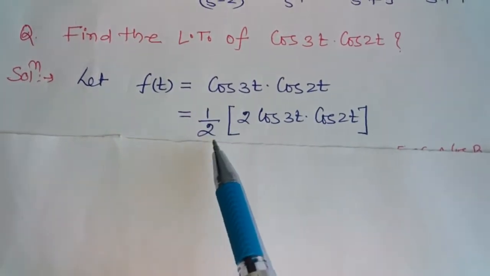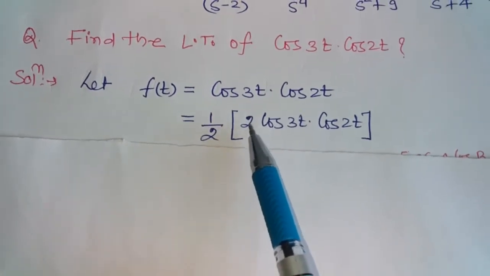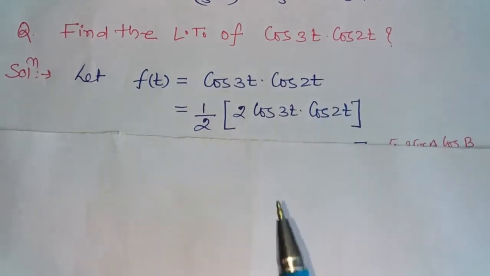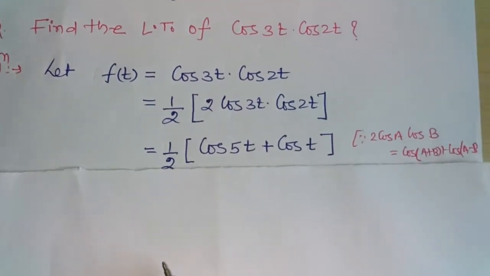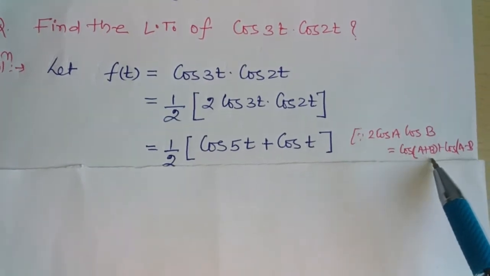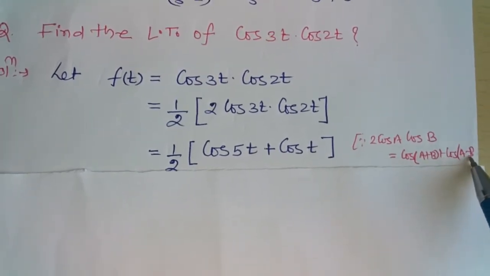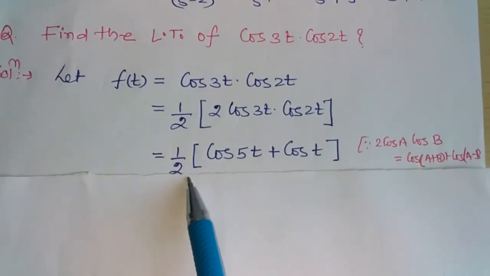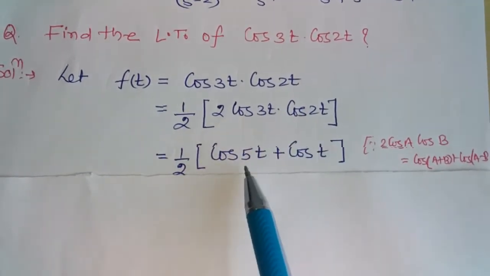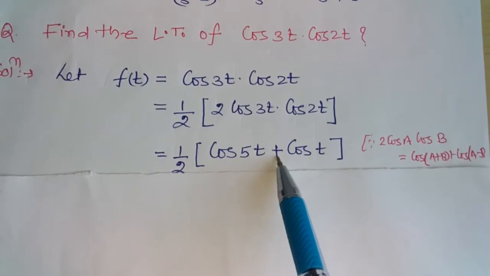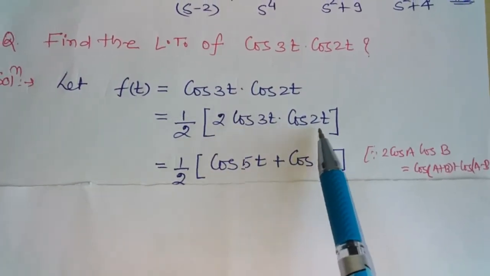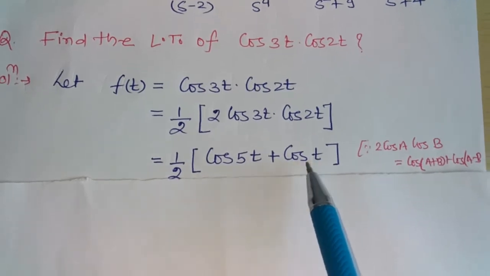We get 1 by 2 into 2 cos 3t into cos 2t. Now using the formula 2 cos a cos b is equal to cos(a plus b) plus cos(a minus b), we get 1 by 2 [cos(a plus b), so 3t plus 2t becomes 5t, plus cos(a minus b), 3t minus 2t, we get t].